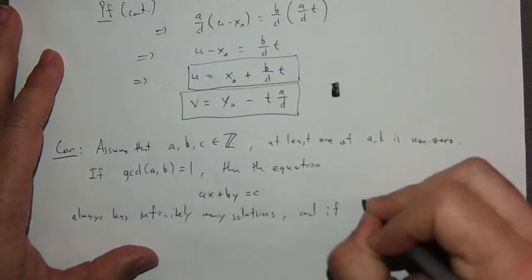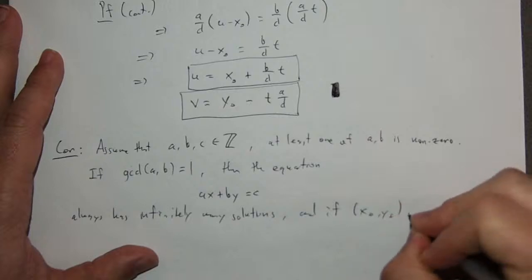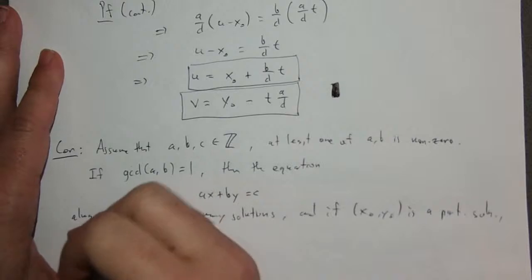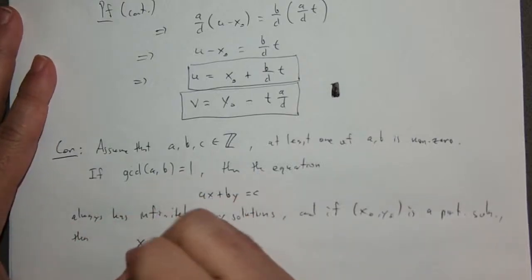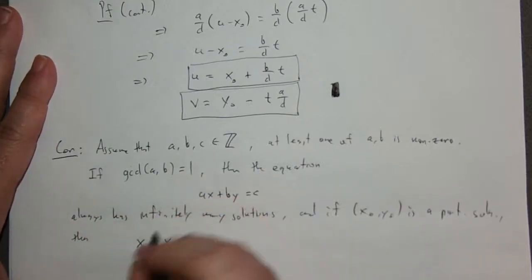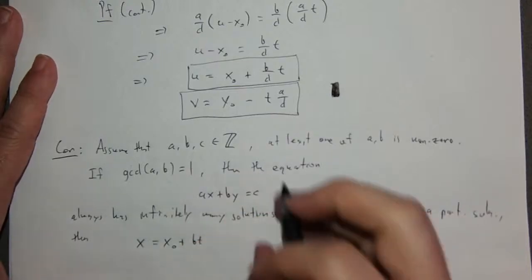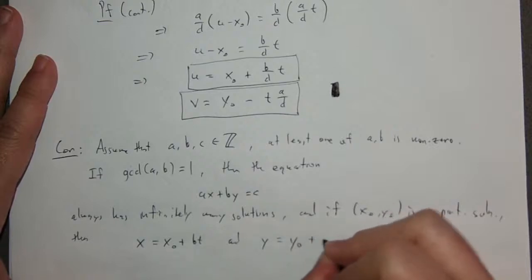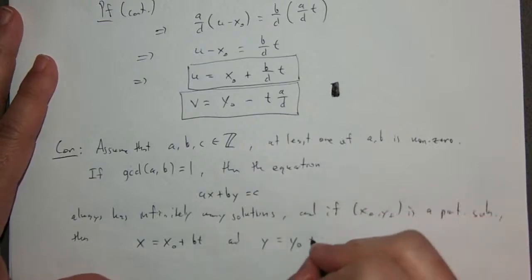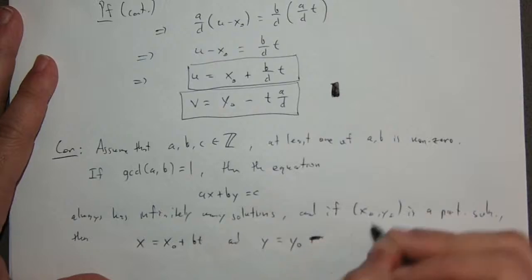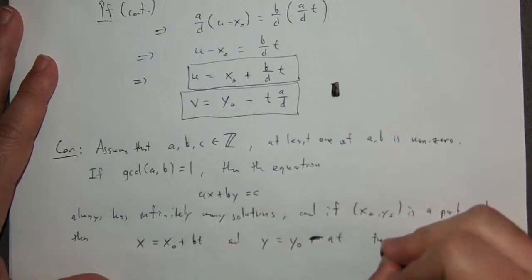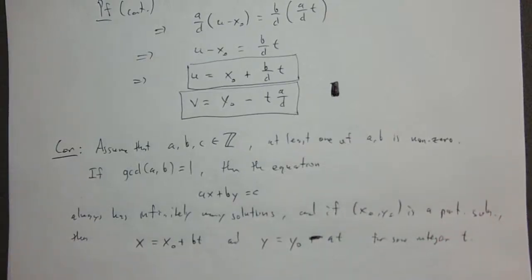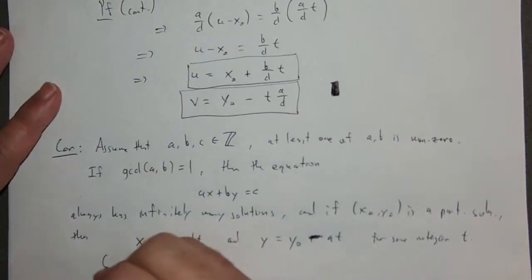And if (x naught, y naught) is a particular solution, then x equals x naught plus bt, and y is equal to y naught minus at, for some integer t, i.e. all solutions are of this form.